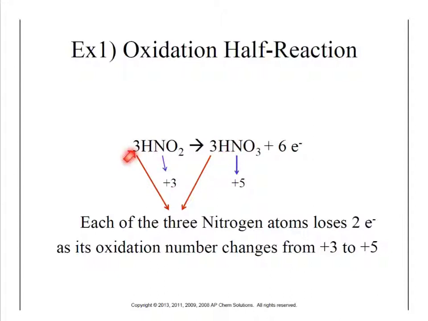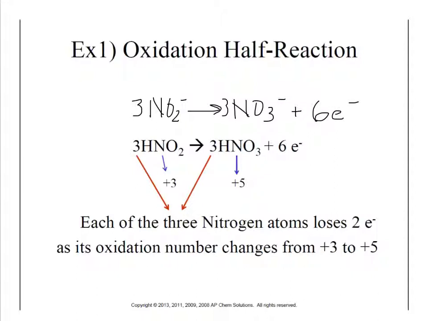But with the balancing, there were 3 nitrogens, which means each of those would lose 2 for a total of 6 electrons being lost by the nitrogen. And once again, if we wanted to throw spectators out, it would be NO2- turning into NO3-, and if we balanced it, it'd be 3, 3, and it would be losing 6 electrons. And those 6 electrons are what were picked up by the chlorines.